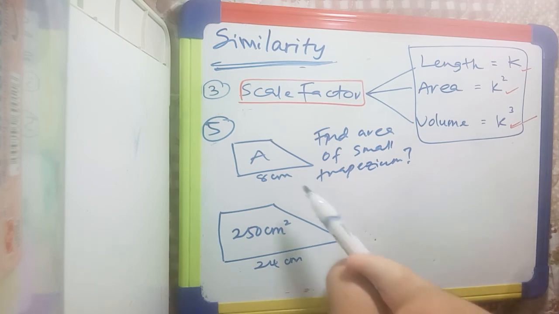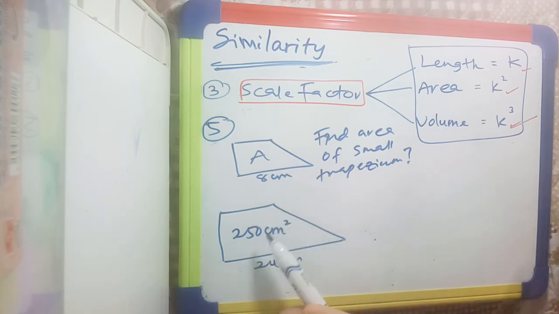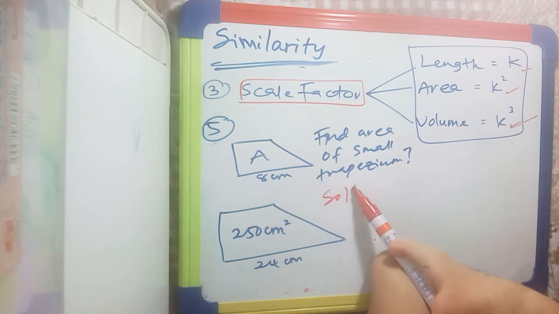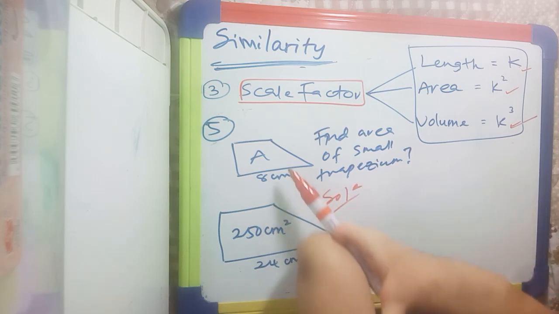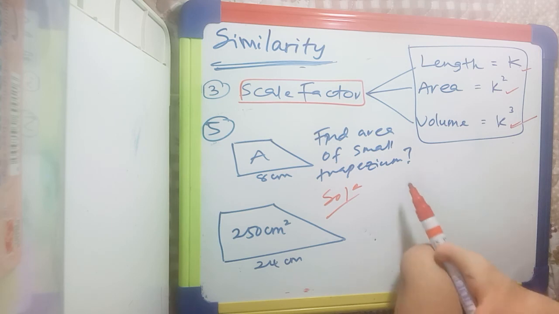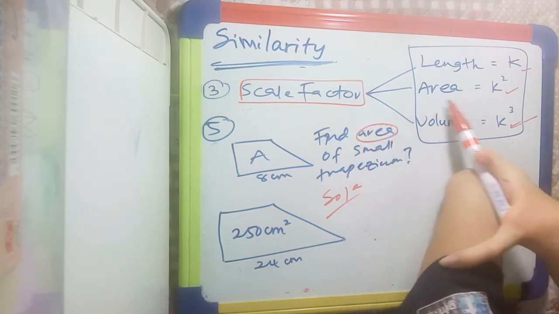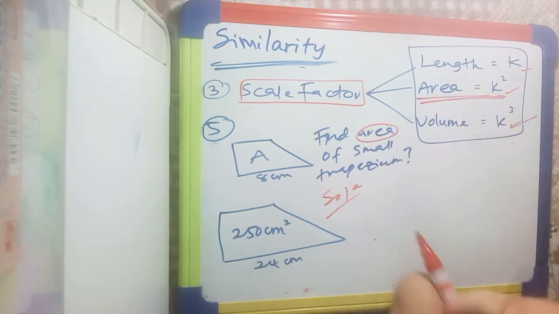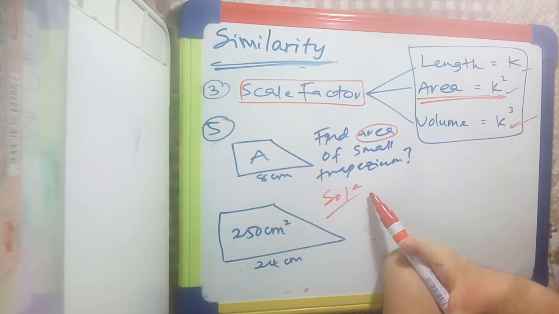This is 24, this is 8, this is 250 cm square, and then this is A. For this question, always remember, no need for you to use the formula of the area. What you can do is use the scale factor. Since both of them are similar, and now we are dealing with the area, I am using the K square. So remember, big over small.